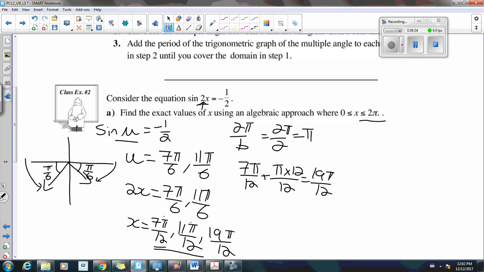You could also use your calculator. You could add 7 over 12 plus 1, which is going to give you 19 over 12, and then put the pi back in. So the next one, 11 pi over 12 plus pi. In your calculator, you can go 11 over 12 plus 1, which is going to give you 23 over 12. Put the pi back in. So that covers all your solutions now.